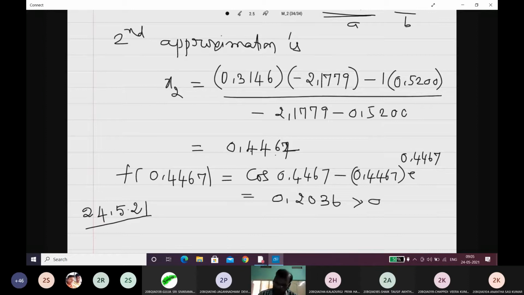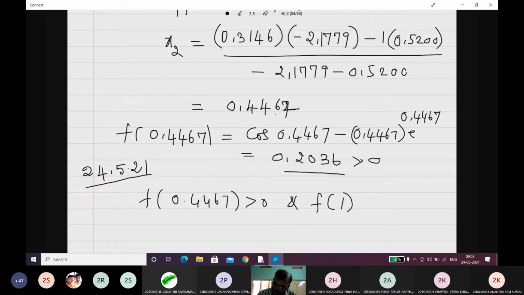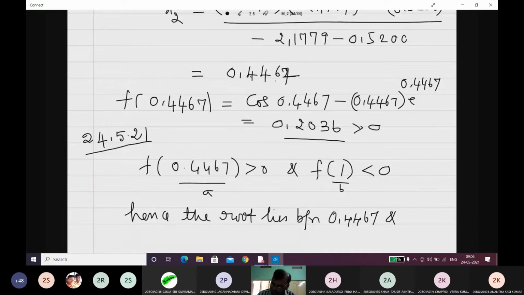Is it true or not? Yes, sir. Right. So f of 0.4467 is positive and f of 1 is negative, hence the root lies between, this is a and this is b, 0.4467 and 1.